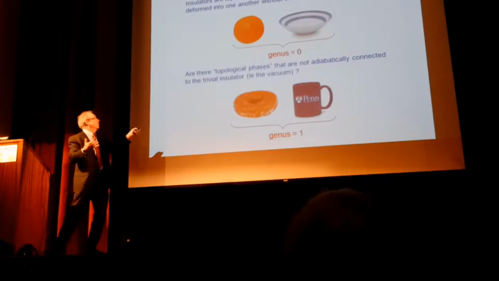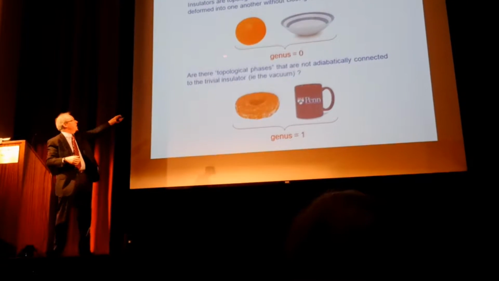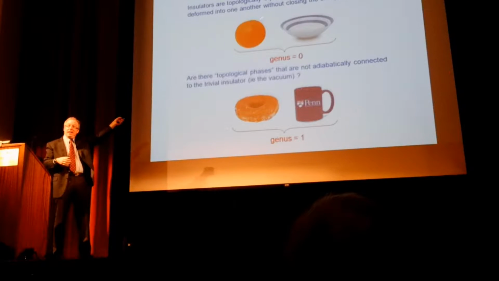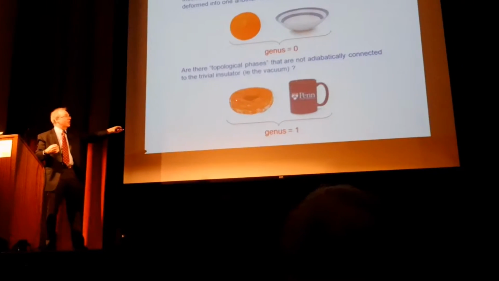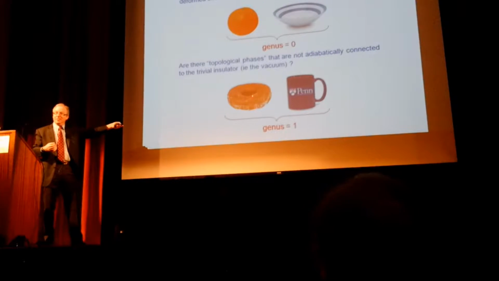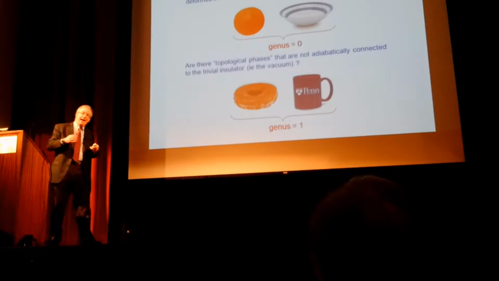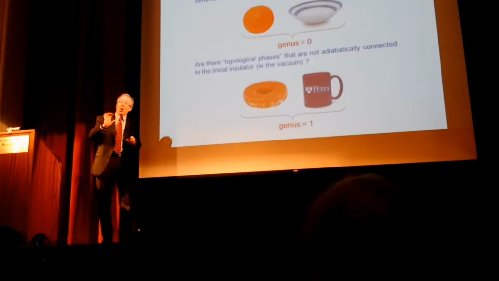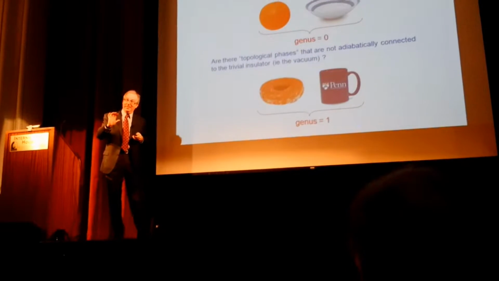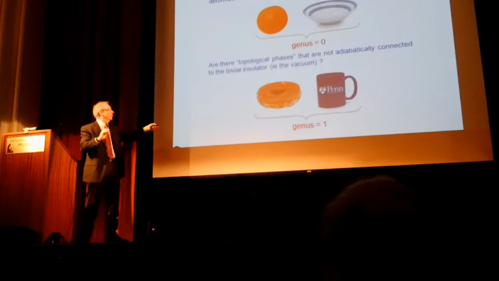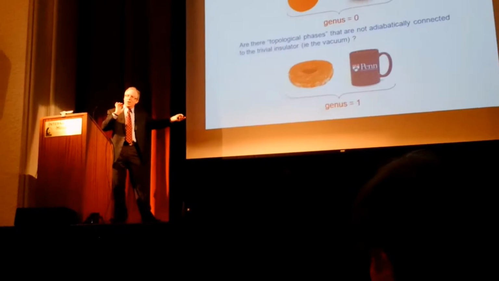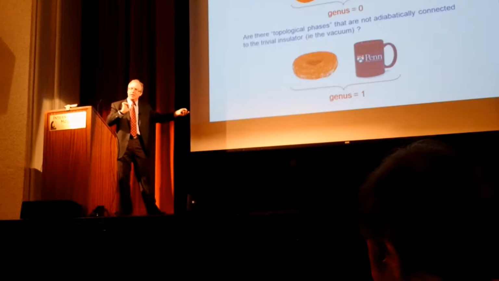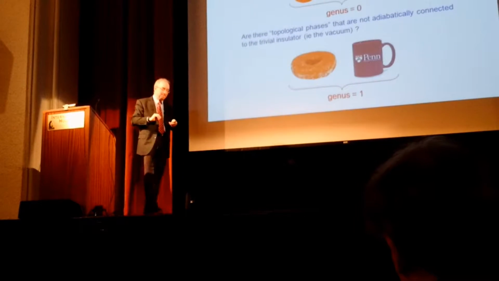So in pictures, if I think of the trivial insulator as being like the surface of the orange, the sphere, is there an analog of the donut? The answer to this question, remarkably, is yes. There exist topological insulating states, and these topological insulating states are fascinating states of matter with fascinating properties, and that's what I want to introduce you to.